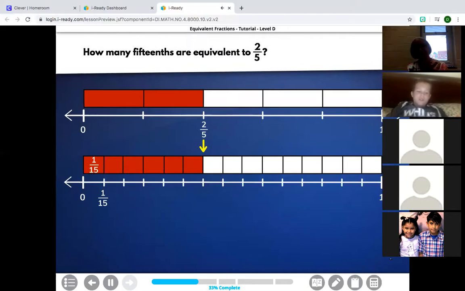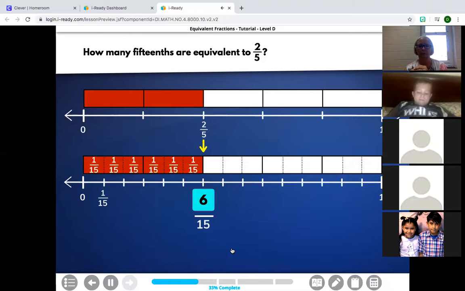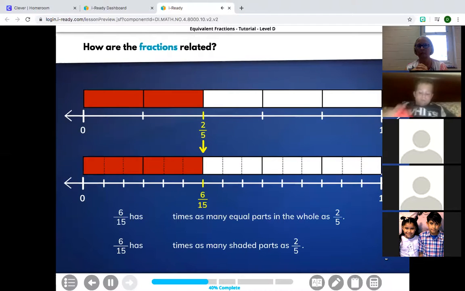How many 15ths are equivalent to 2/5? What do you think? 6. That's affirmative. I'm seeing a relationship between those fractions again. How are the fractions related?